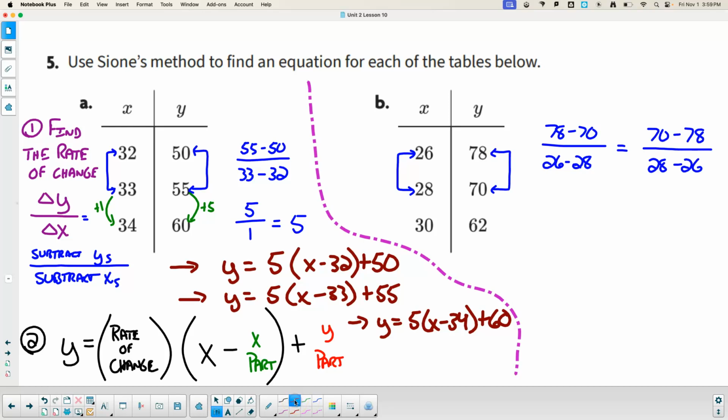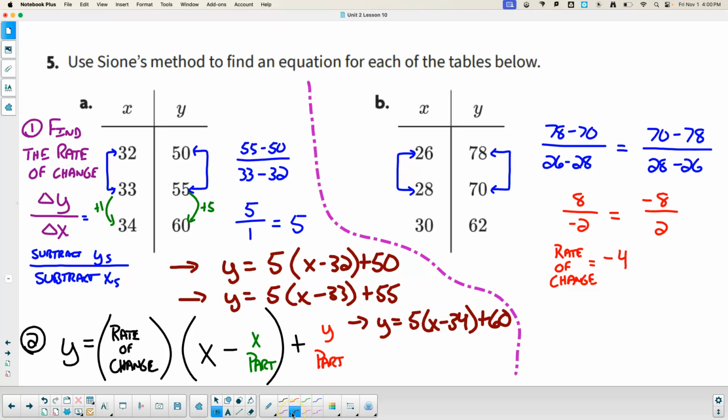Watch and learn. 78 minus 70 is 8. 26 minus 28 is negative 2. 70 minus 78 is negative 8. 28 minus 26 is positive 2. Either way, the rate of change is negative 4.